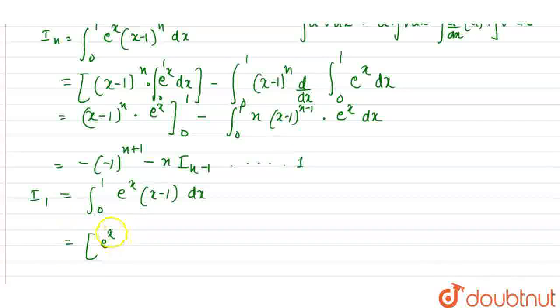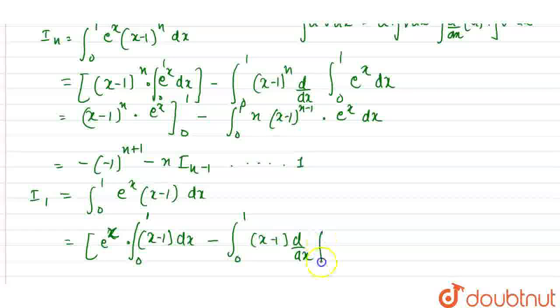Again we are using integration by parts, so it is e to the power x into (x minus 1), integration from 0 to 1, minus the integration from 0 to 1 of the differentiation of (x minus 1), d by dx, into the integration of e to the power x dx.